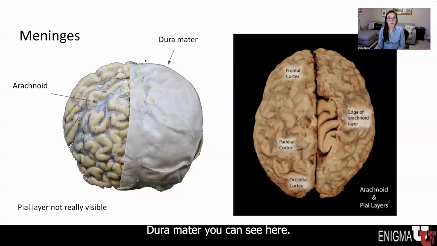So dura mater, you can see here, if you were to do a dissection of the brain, it would be this tough outer tissue. And dura mater means hard mother, so it's the hard protection around the brain. The arachnoid, you can see here, is not quite as hard, more of a matrix that surrounds the brain underneath the dura mater and allows for movement of fluids.